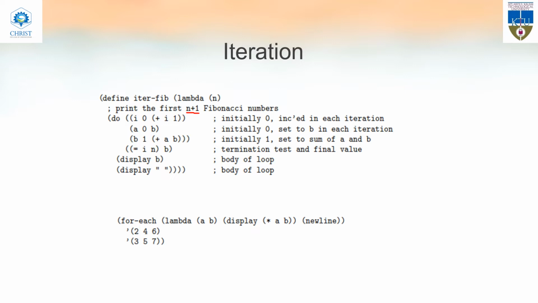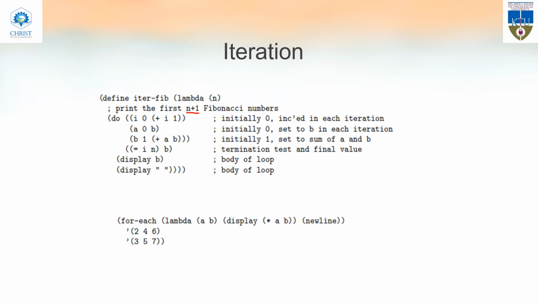This is a program to find the first n plus 1 Fibonacci series numbers. Here you can see that initially the value of I will be 0, and in each iteration the value of I will be incremented to I plus 1.